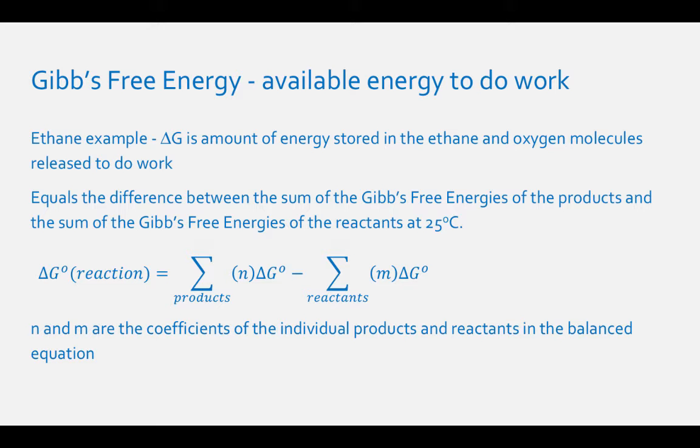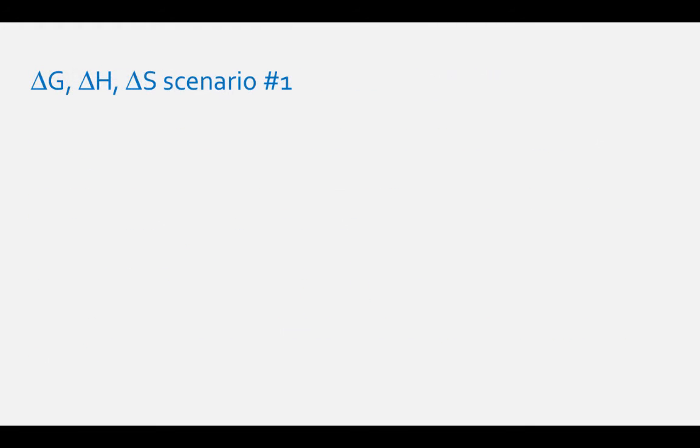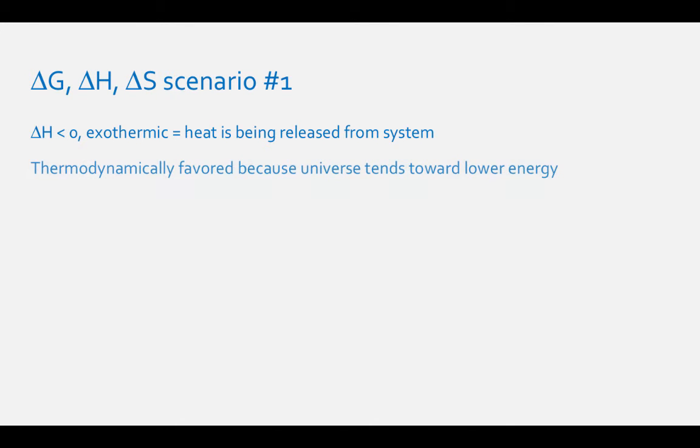Let us run through some scenarios concerning delta G, delta H, and delta S. If delta H is negative, this indicates an exothermic reaction and heat is being released from the system. Since the universe always tends toward lower energy, if the system is releasing heat, this is thermodynamically favored. If delta S is positive, this means that the energy is dispersed and the entropy of the system increases.